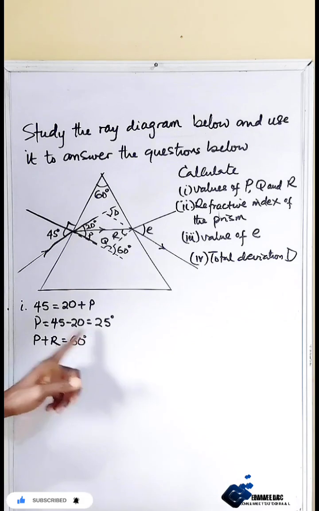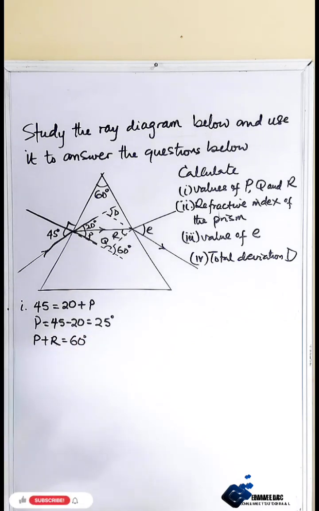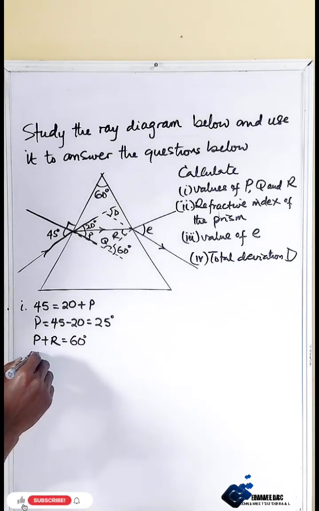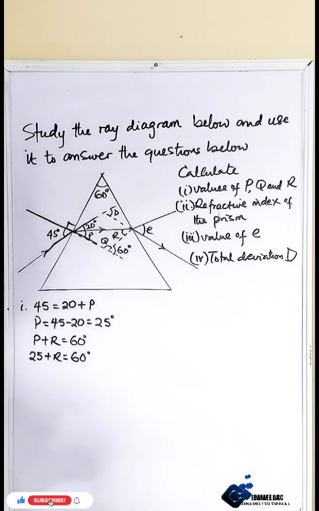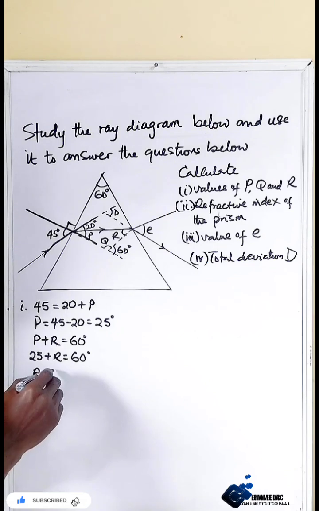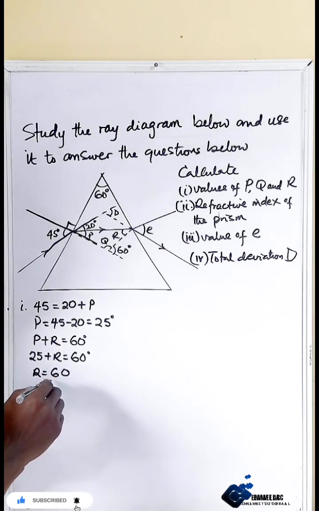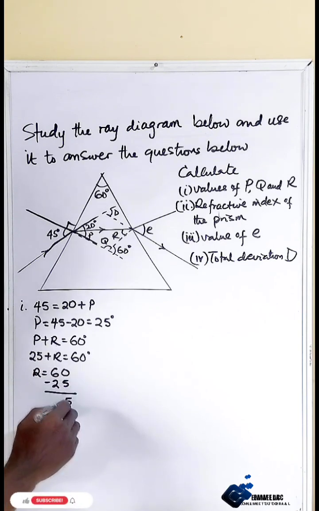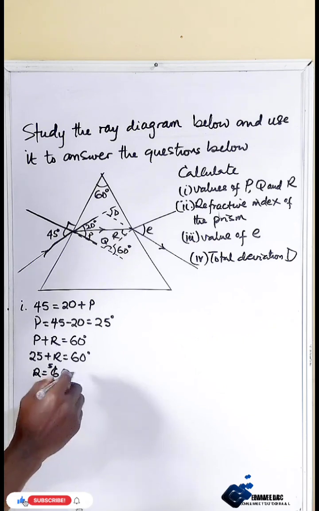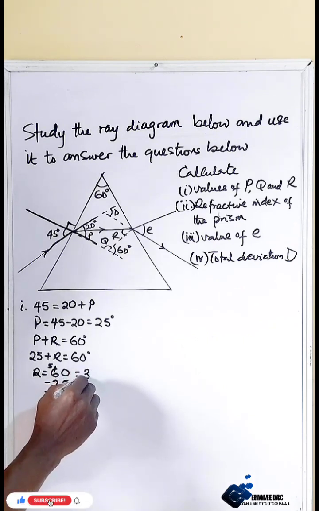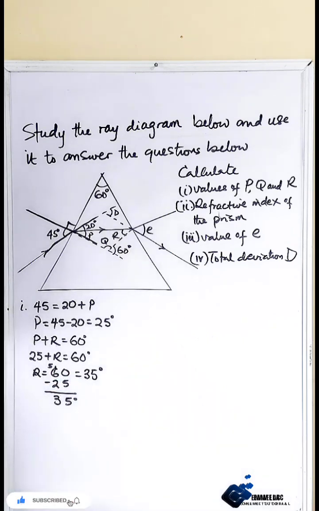And P actually is 25, so plug in 25 here. Now plus R equals 60. Then our R will become 60 minus 25, which should give us 35. So our R equals 35 degrees.